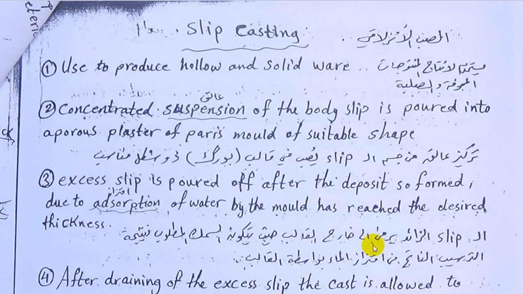The excess slip is poured outside the mold, so that the required thickness is formed as a result of the deposition from the water absorption by the mold.